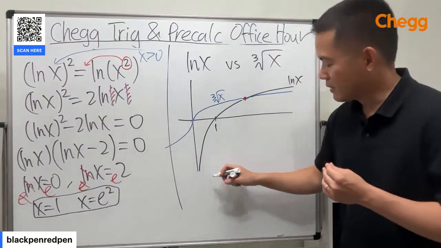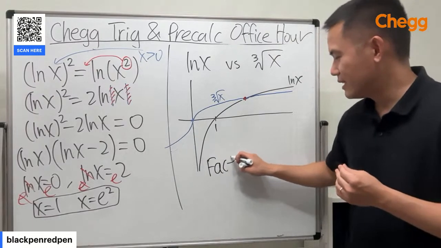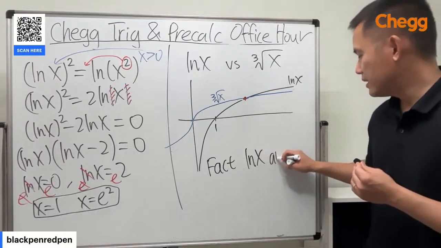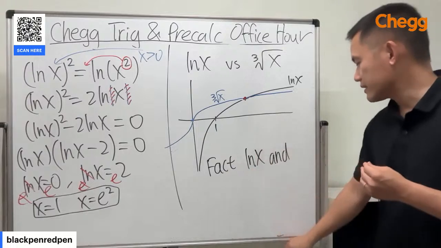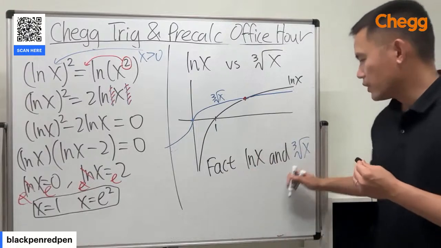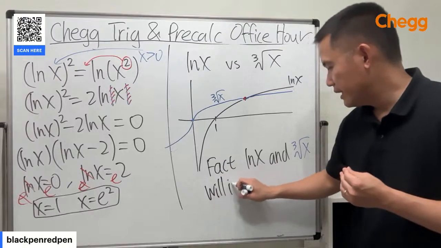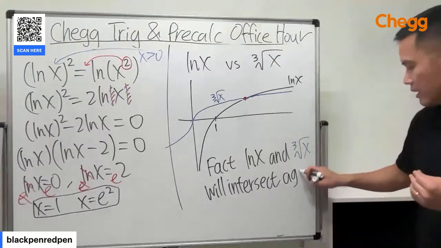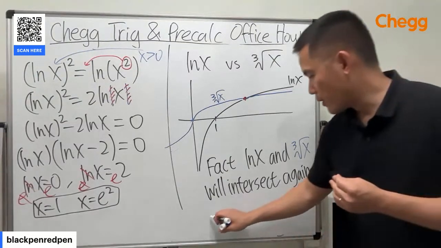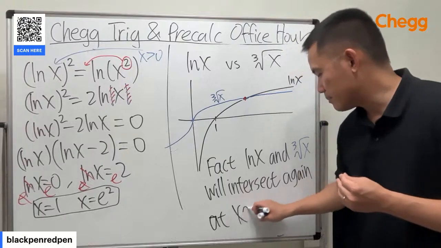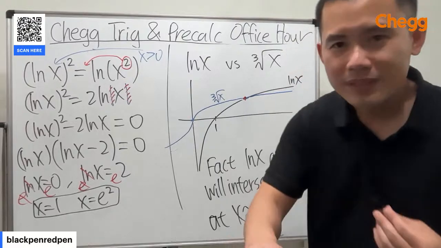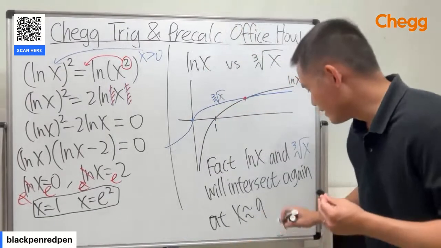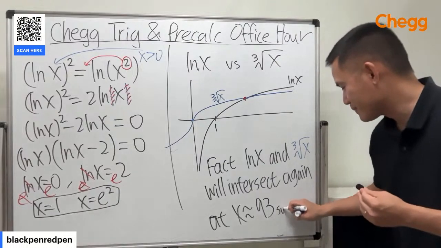I will say fact: ln x and the cube root of x will intersect again for x about 9. What was the answer? 90 something, right? 93 something.